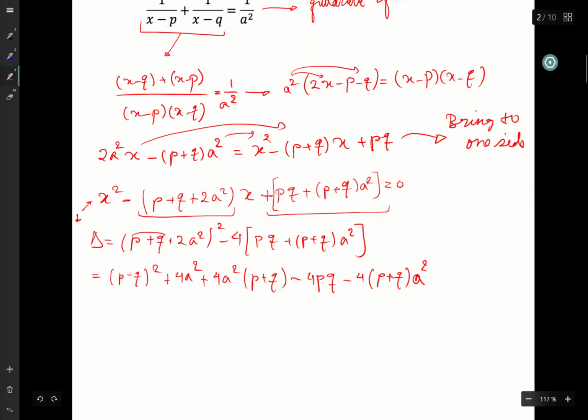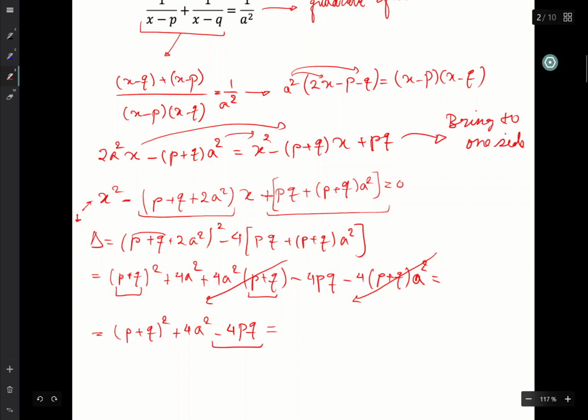The reason I wrote this in this form is that p plus q as one term is obvious here, because there is a 4a squared times p plus q which cancels out with this term, and we end up with p plus q squared plus 4a to the fourth minus 4pq, right?